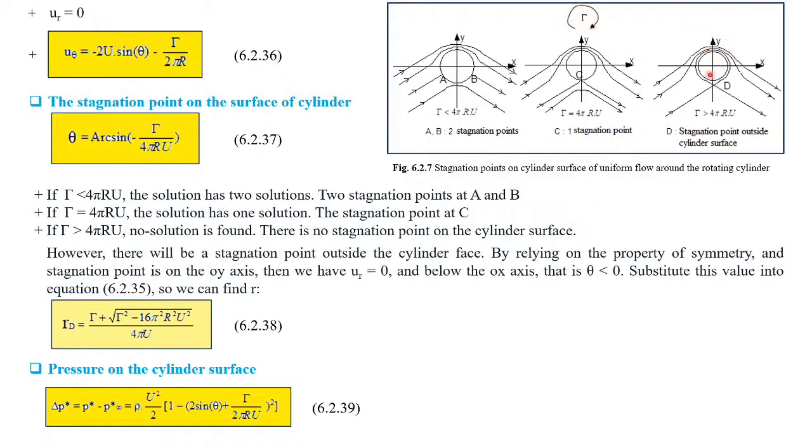Gamma like this, so we rotate U like this. So that means we get FL parallel and in the same orientation with Y. So we get FL like this, and this is called the lift force.